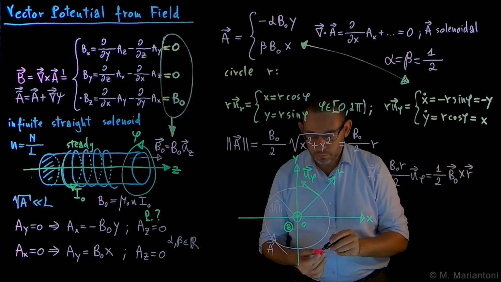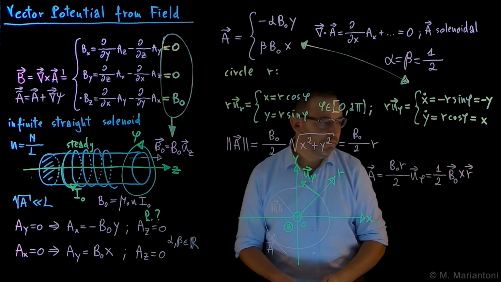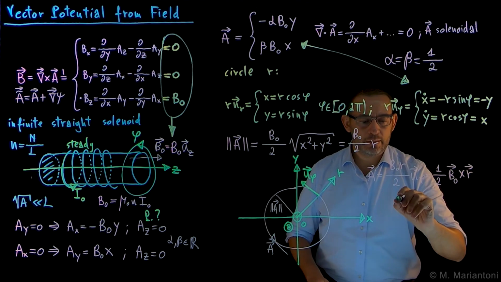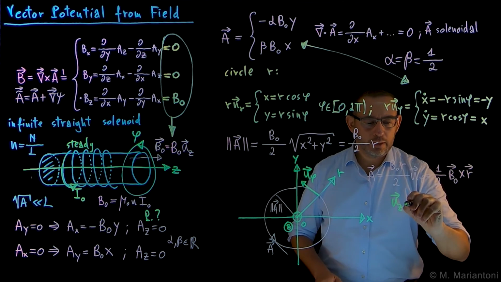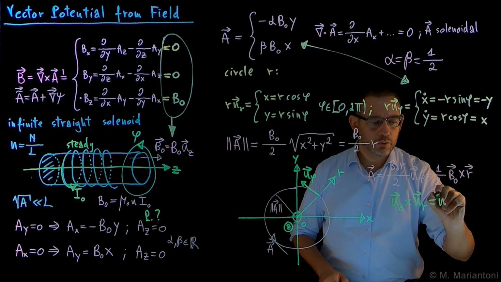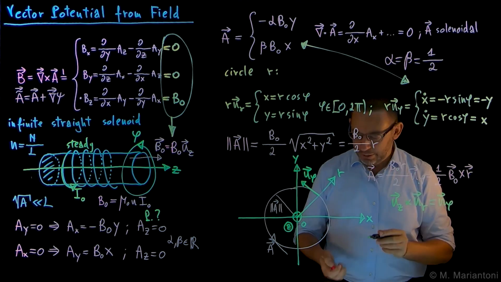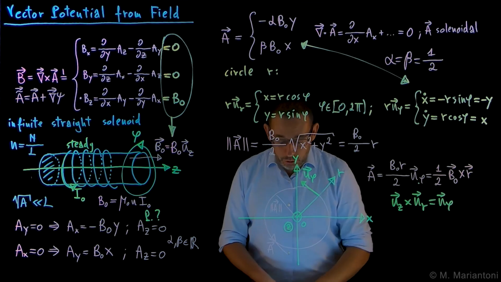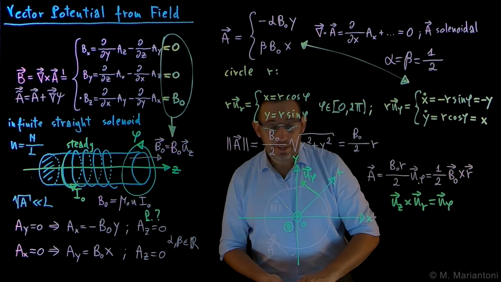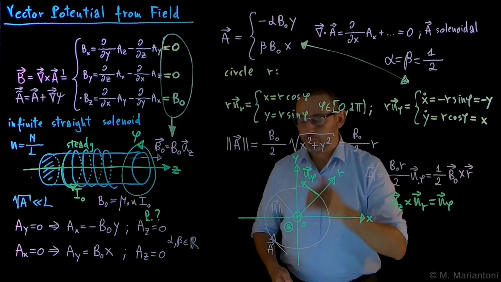And note that here, if we were to explicitly define this, we know that the direction of B naught is u z, the direction of r is u r. When I cross them, I clearly get u phi, as expected here. So in this case, this is what we find. It's a tangent vector potential.